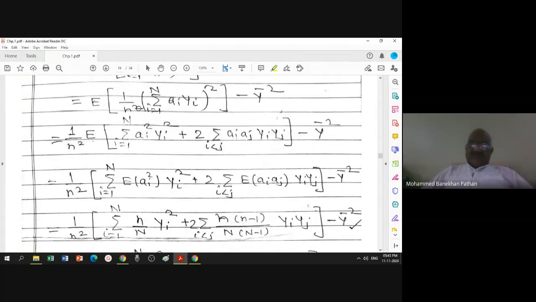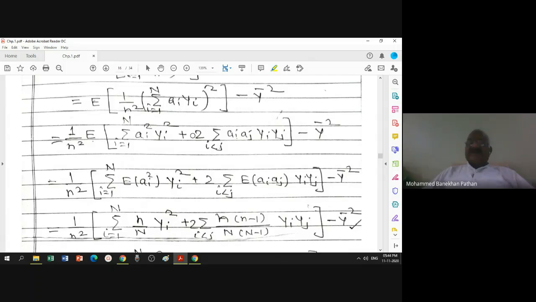1 upon n square outside, expectation of this quantity. Now you can see this is a sum of squares, which will be written this way, just like we did previously. Here I say i less than j. If i is not equal to j, these two will be cancelled.